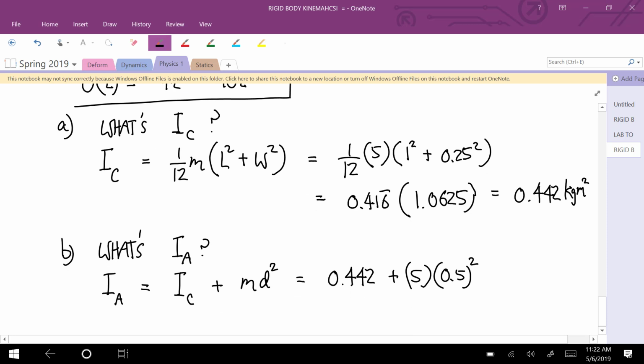And so that is 1.692 kilogram meter squared.